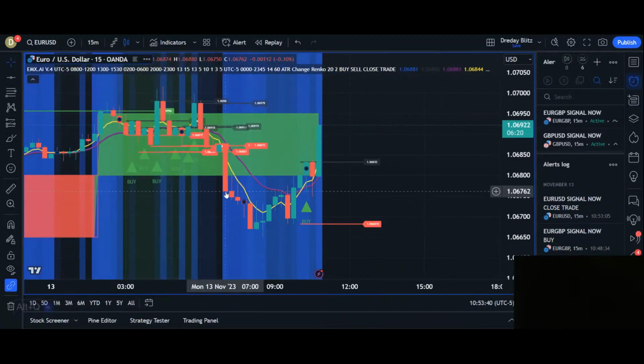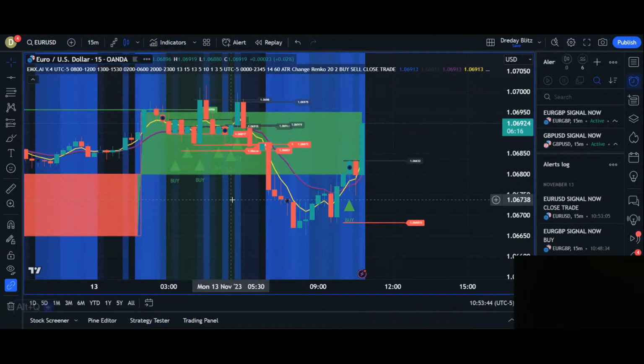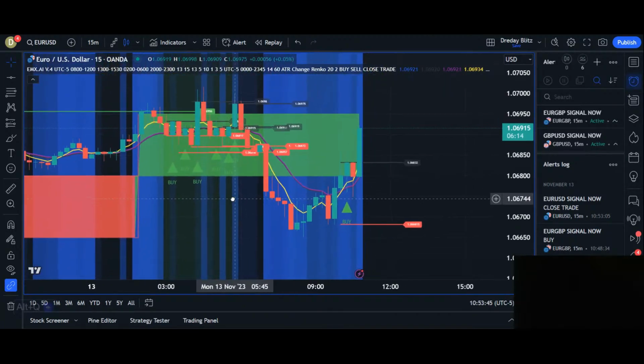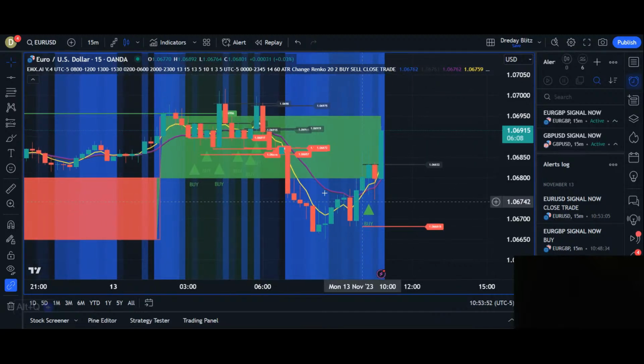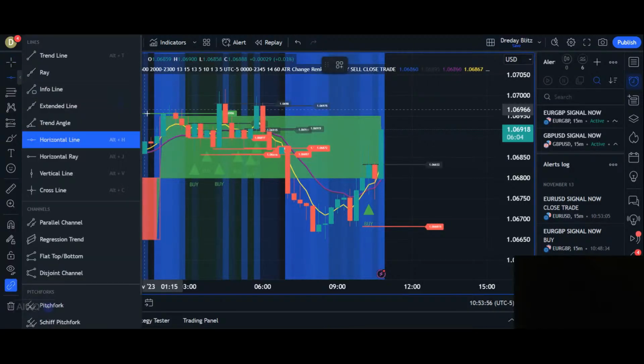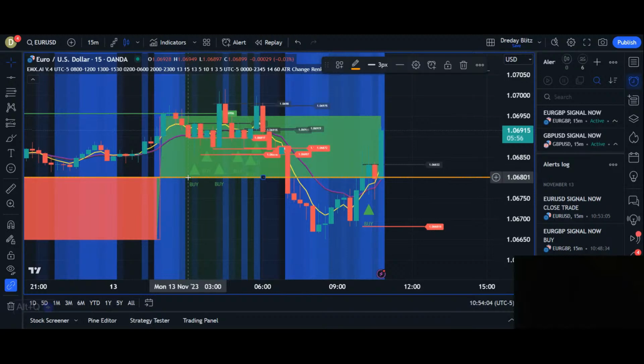Let's see. So you see, you had a buy here for US30. Same example. We look at the range. So the range is from here till here.